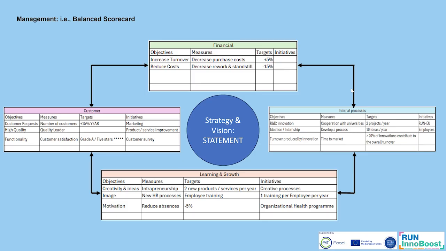And always we define this with clear targets that are achievable and measurable. For example, an increase of the turnover by 5% compared to the previous year is reachable and measurable. And the reduction of costs by 15% is also measurable.